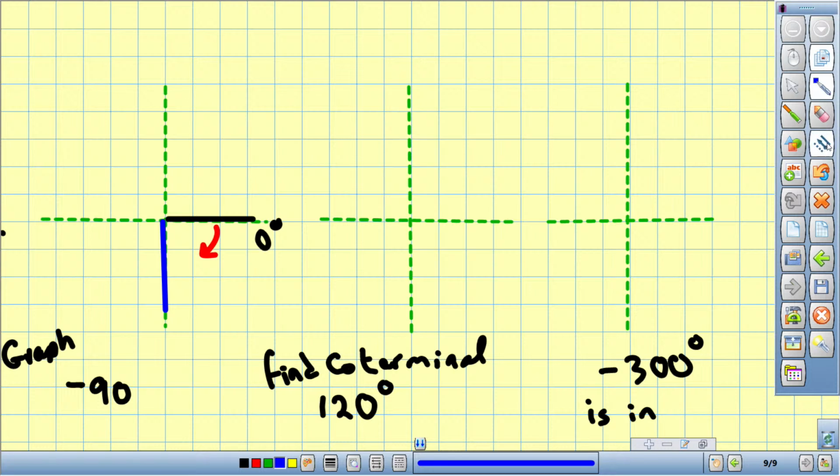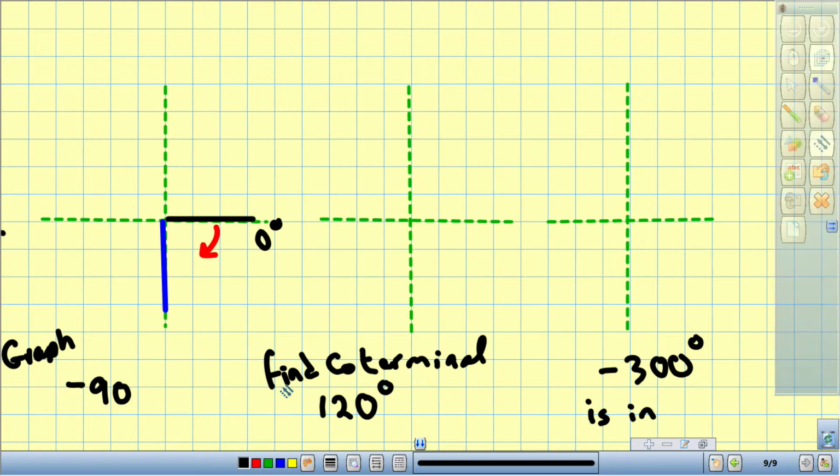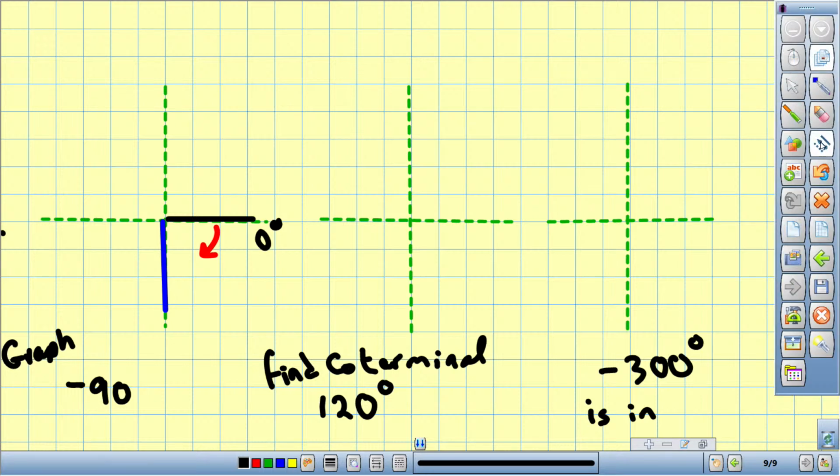Next one. Let's do this one a little bit quicker here. Find the coterminal of 120. Okay, where is 120? Can somebody tell me where's 120? First, second, third, or fourth quadrant? Somebody tell me where is 120?